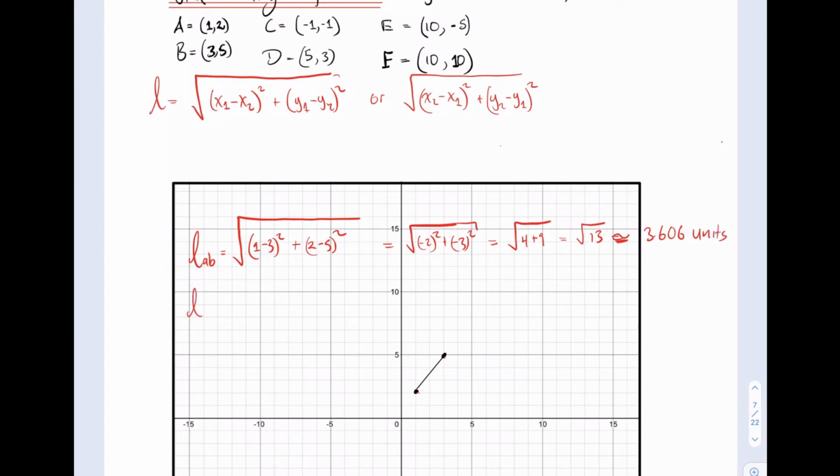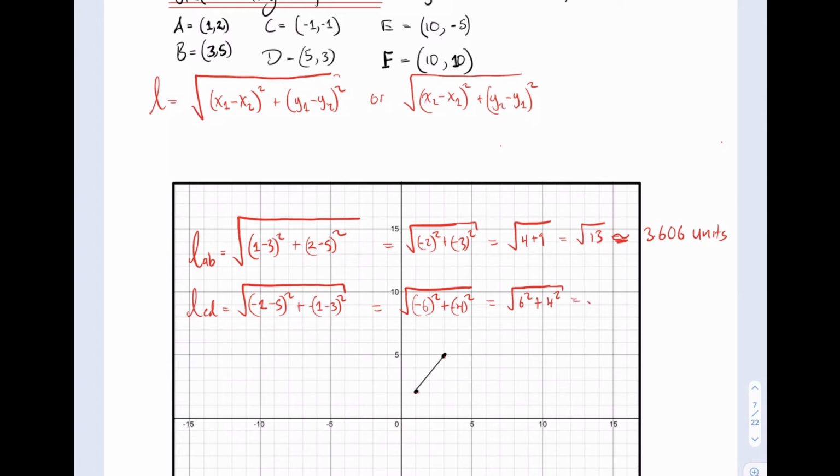Nice. Let's look at the length of the line segment CD. The length of CD would be the square root of negative 1 minus 5 squared plus negative 1 minus 3 all squared. If I evaluate this, I end up with negative 6 squared plus negative 4 squared, which is equal to the square root of 36 plus 16, since when we square a negative number, we end up with a positive number.